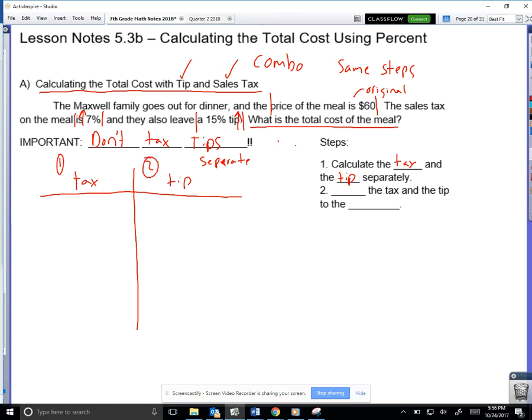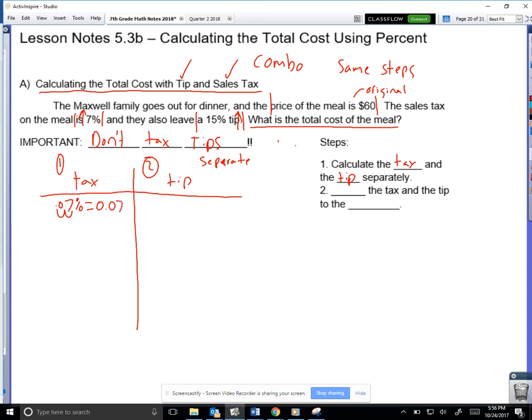So the tax. Same steps as before. You got 7%. You're going to make that into a decimal. If it doesn't have one, remember you put a decimal point at the very end, then move that decimal two places to the left. So that's 0.07, that's my decimal number.